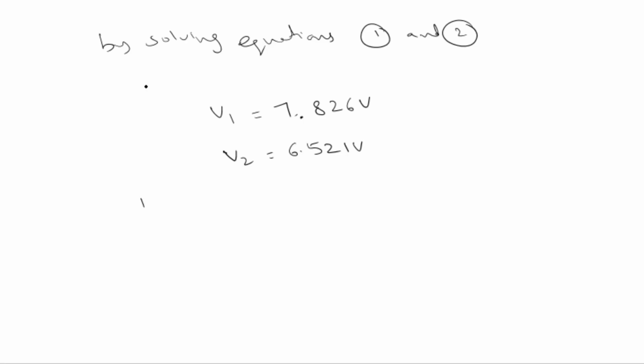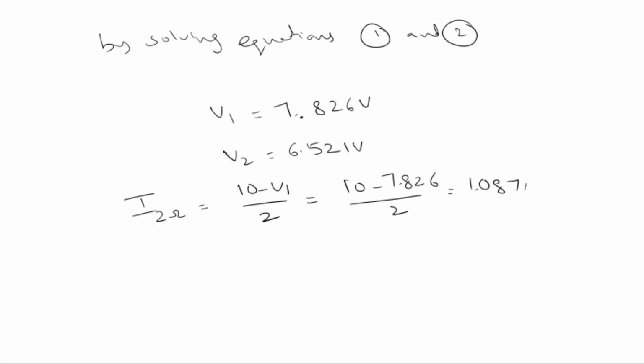The current through the 2 ohms is 10 minus V1 by 2, which is 10 minus 7.826 by 2, which is 1.087 amperes.